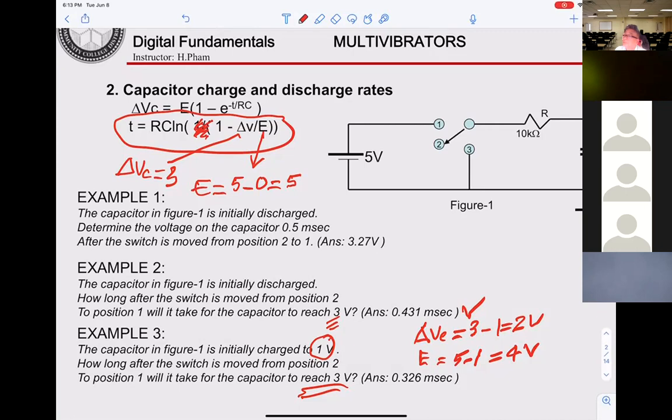But if the answer is negative and the unit is milliseconds, what's a negative millisecond? Time only goes in one direction, right?